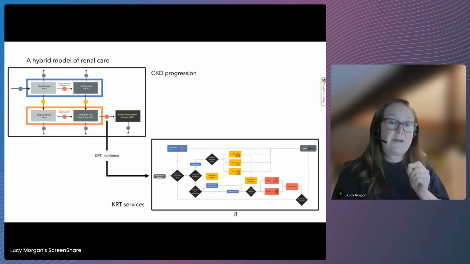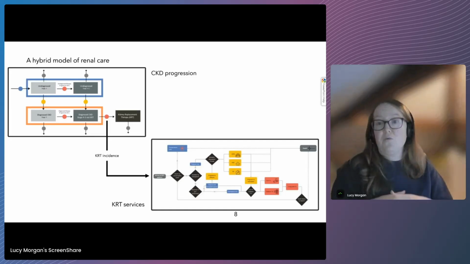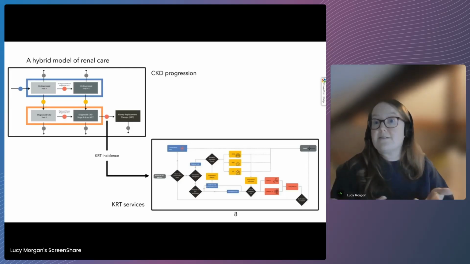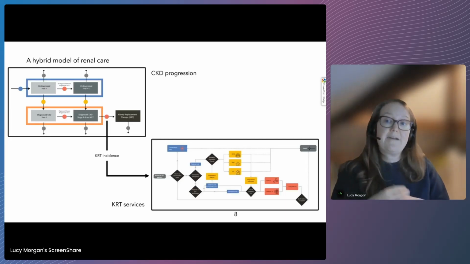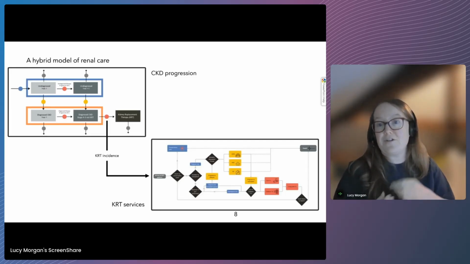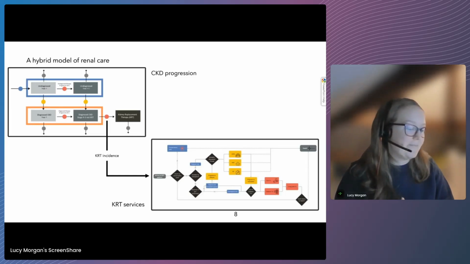So we're looking at individual patient movements, whereas in the first model, the CKD progression model, we're looking at the flow of a population through a disease and how their disease progresses at a certain rate over time. So the first is modelled using system dynamics because that's all about looking at flows of population, and the second is using discrete event simulation because that's all about looking at individual patient movements through a system.